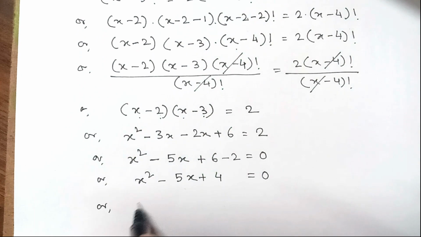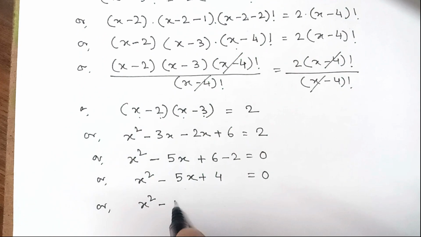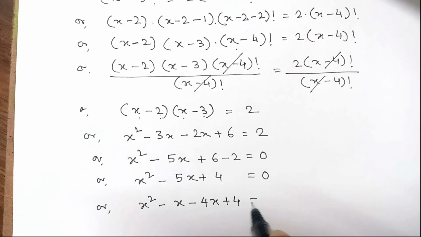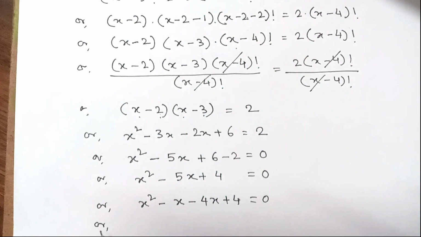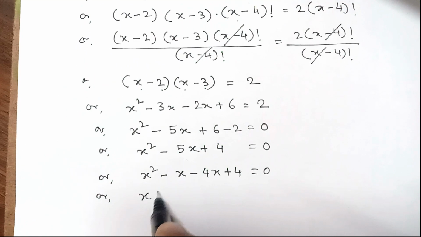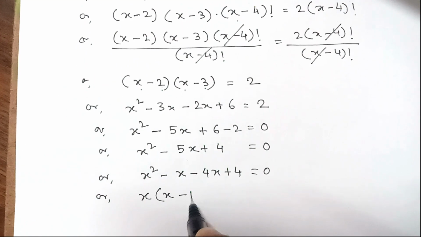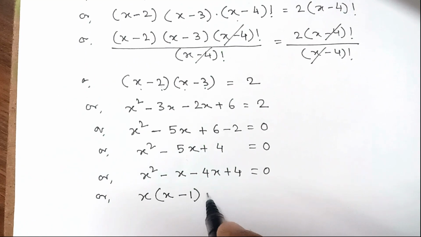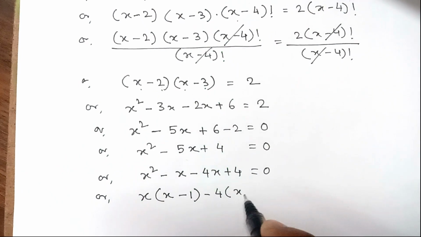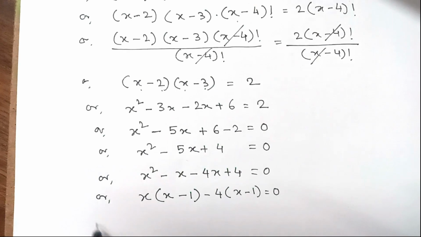Further, we can factorize this as x² − x − 4x + 4 = 0, and can take common x from the first two terms. x − 1 will remain in the bracket, then we will take 4 common from the third and fourth terms, and x − 1 will be inside the bracket.